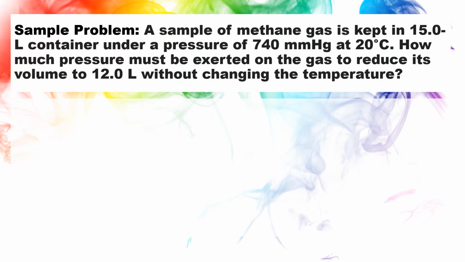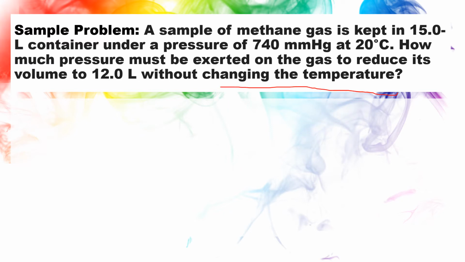To apply the formula for Boyle's law, we try to solve this example. A sample of methane gas is kept in a 15-liter container under a pressure of 740 millimeters of mercury at 20 degrees Celsius. How much pressure must be exerted on the gas to reduce its volume to 12 liters without changing the temperature? Again, the temperature is the constant in here.